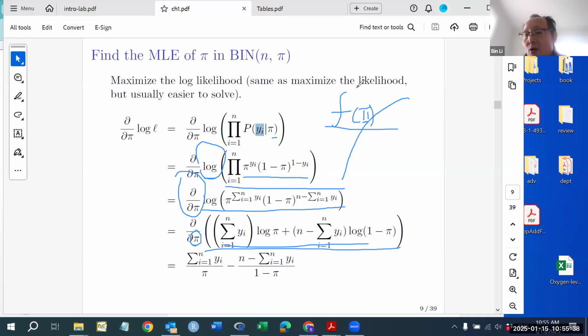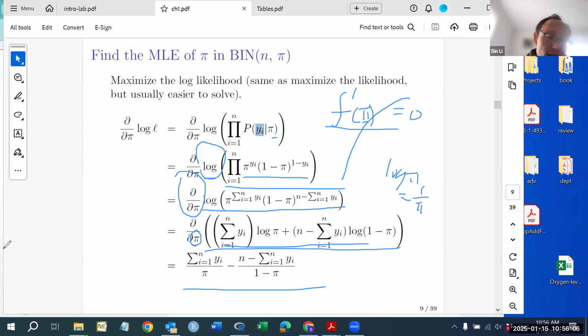Of course, we take the first order derivative, and then we can set it to be 0, right? So that's the common way. So we take the derivative with respect to pi, and that gives this one. Okay, so from here to here is just simple math. Just log pi, if you take that derivative, that goes to what? 1 over pi, right? And so it's not difficult to check this is this.